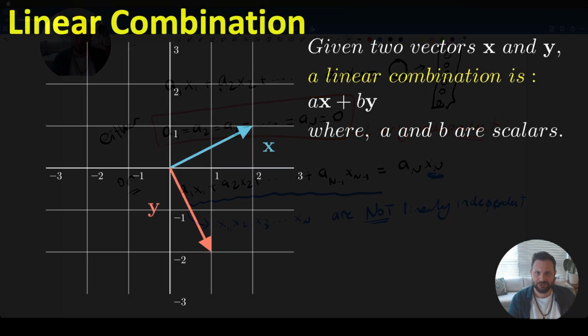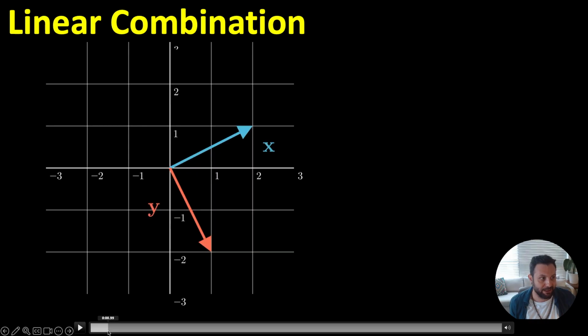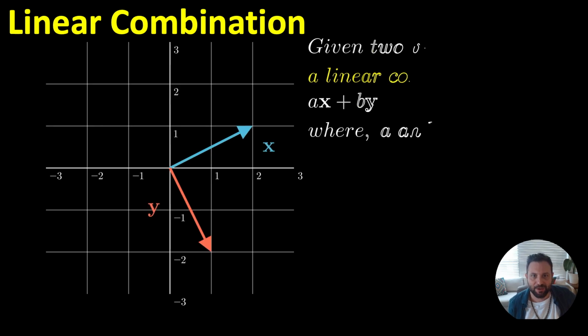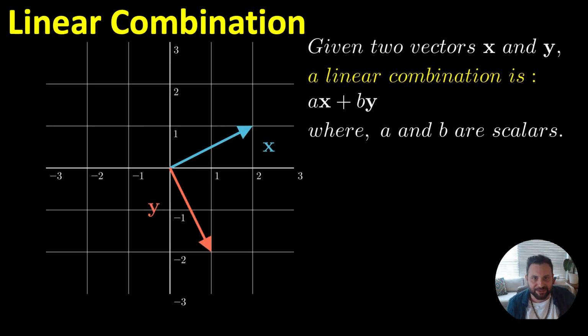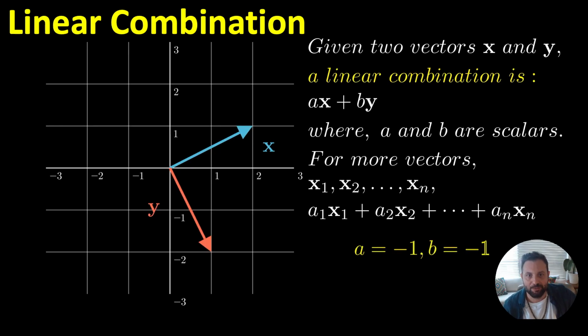Let me transition to this. So linear combination. What are we doing when we are linearly combining this blue and red, x and y? I'm multiplying x with a and multiplying y with b, they're just linear scalars, and I'm getting a summation, right? So this linear combination for a equals -1, b equals -1 is going to give me one vector.